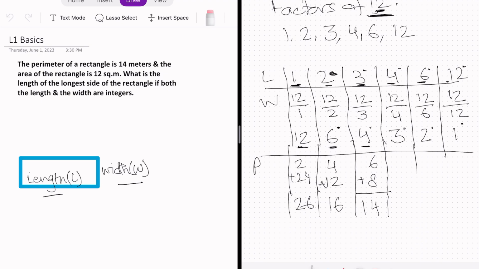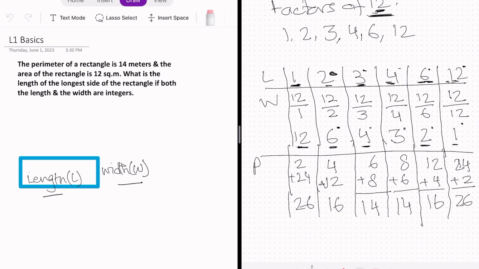In the next case, when the length is 4 and the width is 3, the perimeter would be 8 plus 6, 14. When the length is 6 and the width is 2, twice the length and twice the width is 16. And in the last case, when the length is 12 and the width is 1, twice the length plus twice the width is 26.